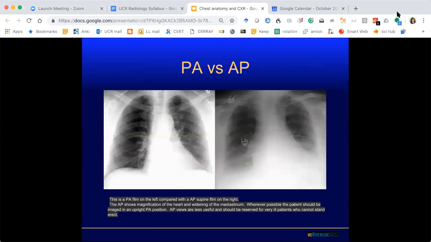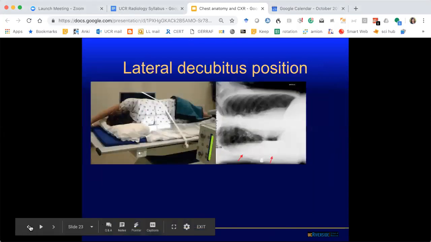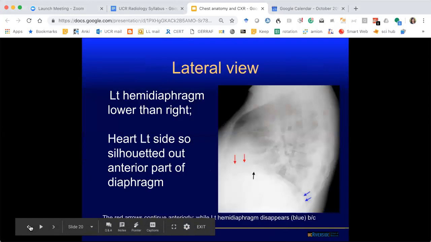So Sumed has a question. Can we trace out the whole two diaphragms, right and left, in the lateral view? What's your question? I think your question is, we can see the diaphragm on both sides, is that right?